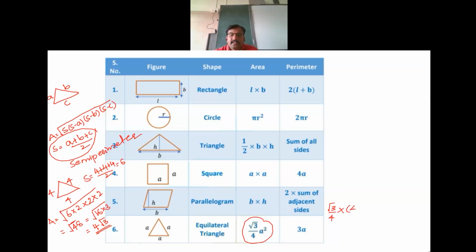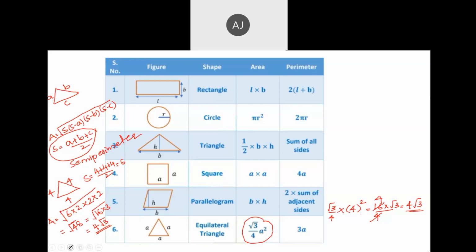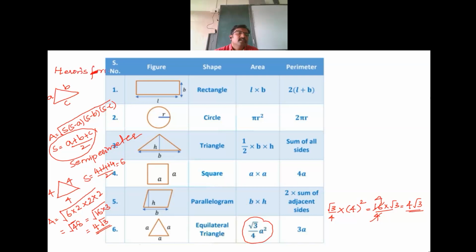What is the side? 4. 4 square is 16, so we get 16 times root 3 divided by 4. 4 times root 3. Understood? Here also we got 4 root 3. In class 9th, we are going to learn this formula. This formula is called Hero's formula. Understood?